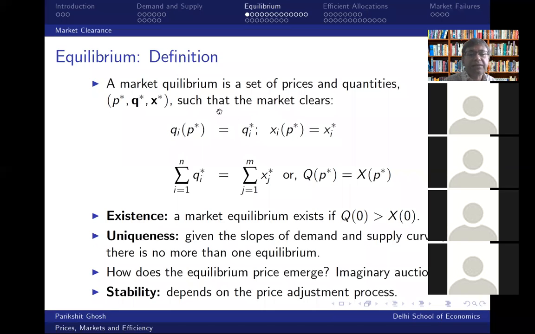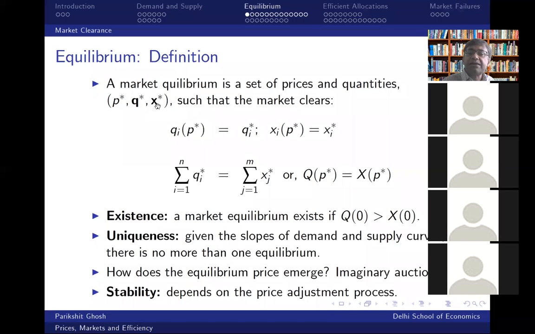So what does that mean? That means that the market will reach an equilibrium. What is an equilibrium? An equilibrium is this vector with stars. There's a price, there's a vector of quantities coming from the consumers, and there's a vector of quantities coming from the firms.